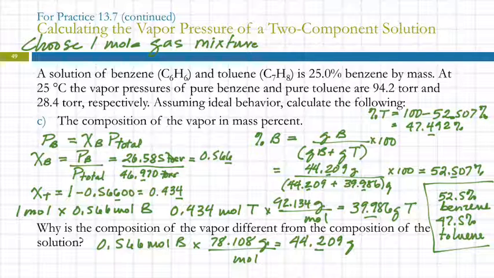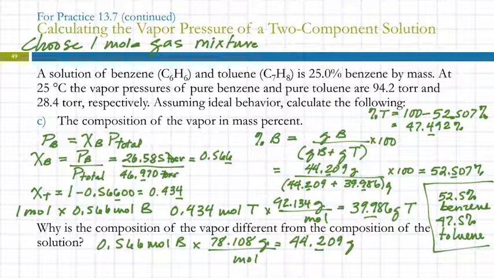Why is the composition of the vapor different than the composition of the solution? Well, it sort of has to do with equilibrium. Does one of them evaporate more easily than the other? Yeah.